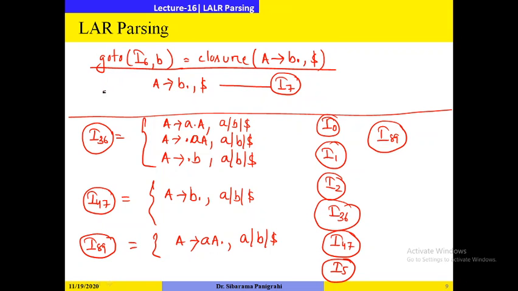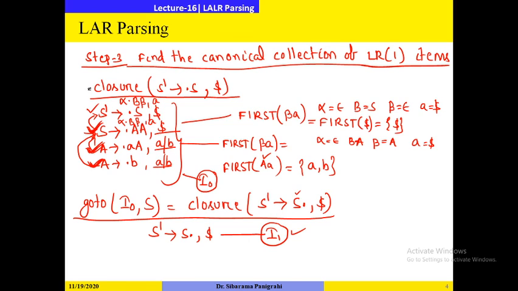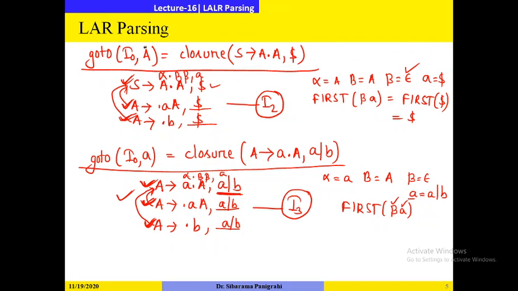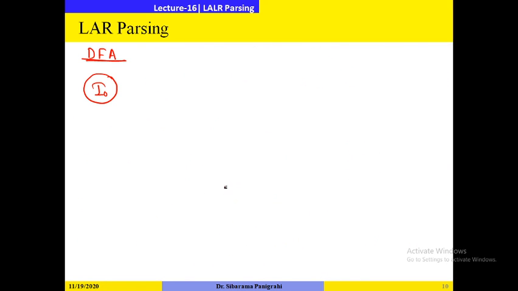Now look at the canonical collection of LR1 items. I0 by processing capital S goes to I1. I0 by taking capital A goes to I2. I0 by taking small a goes to I3.